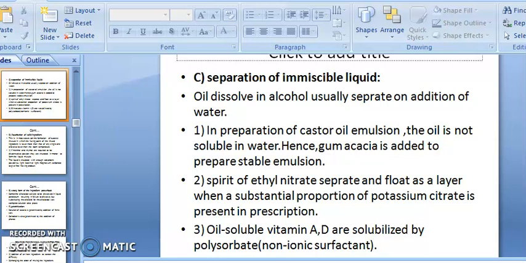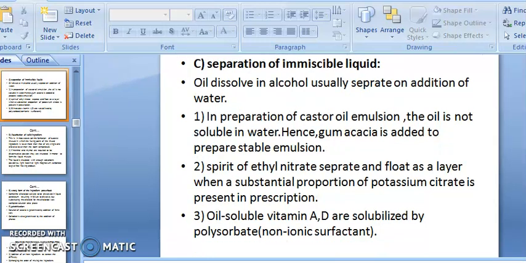In preparation of castor oil emulsion, the oil is not soluble in water, hence gum acacia is added to prepare a stable emulsion. As you know, when preparing an emulsion, you add an emulsifying agent. That means it forms a monomolecular, multimolecular or solid layer over the globule, and because of this they are stable emulsions that you can formulate.